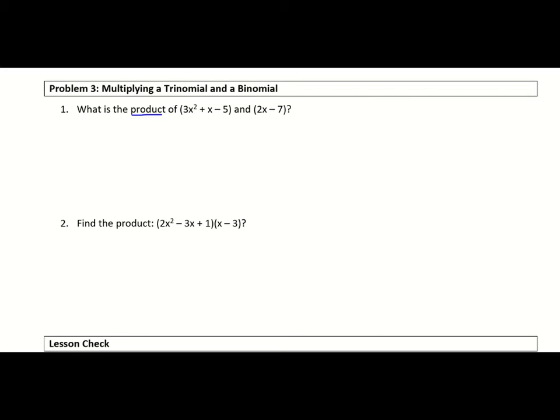I need to take everything from the first polynomial and multiply with everything in the second. So the 3x squared needs to be multiplied with 2x and -7. 3x squared and 2x will make 6x cubed. 3x squared and negative 7 would make negative 21x squared.